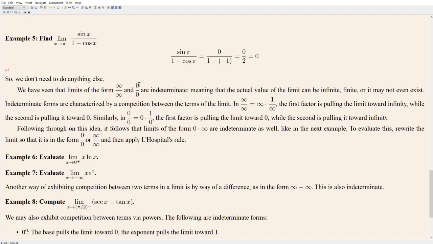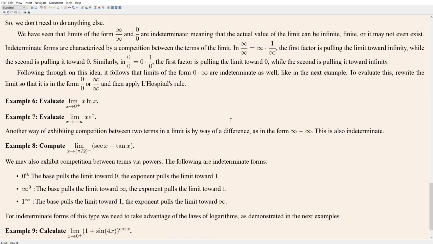Similarly with 0 over 0, the 0 on the top is trying to pull it to 0. The 0 on the bottom is trying to explode it to infinity. So, they're pulling in opposite directions. Which one wins? Well, we can get other indeterminate forms by looking at other limits where there is this sort of competition at play.